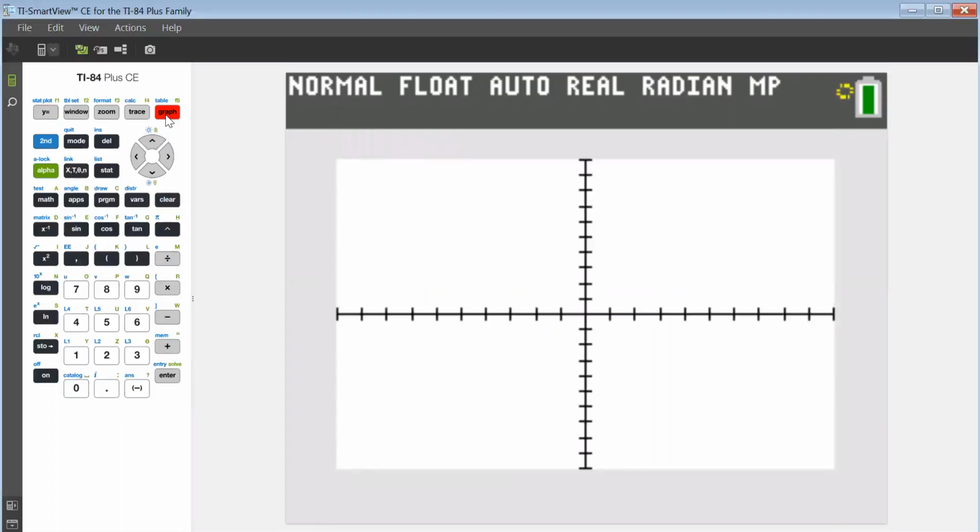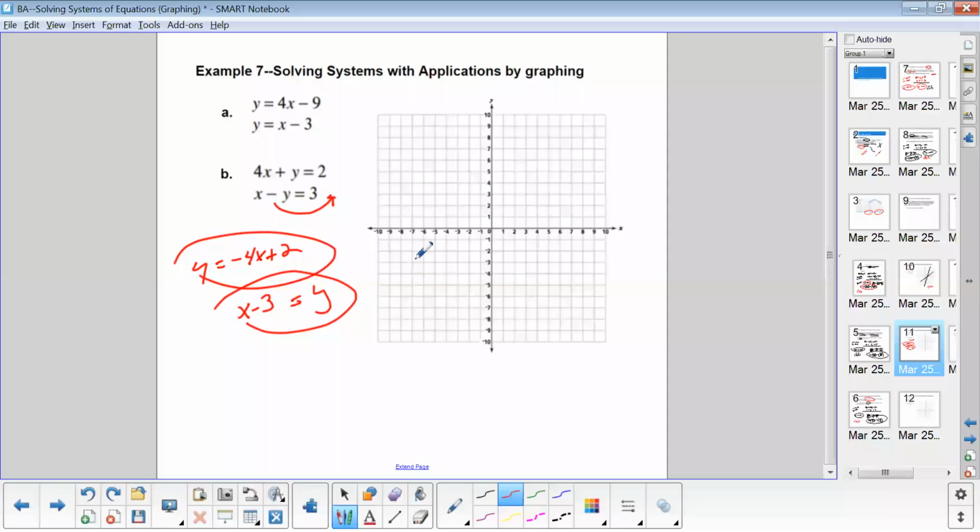And I'll go to graph. And this is intersecting in quadrant 4 at 1, negative 2. Now there's no context to this, so all we know is that 1, negative 2 is the solution.